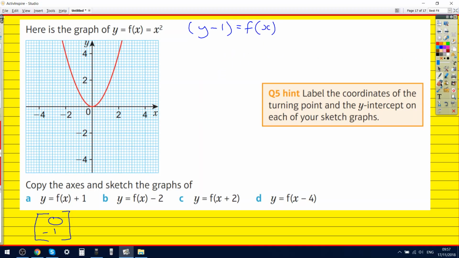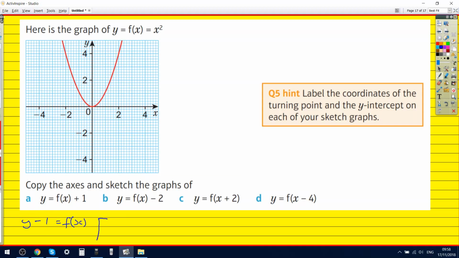So if I was to bring the 1 to the other side next to the y, what do you get for the first one? Minus 1. So what's the full thing? y minus 1 equals f of x. Yeah. And so it's always the opposite sign when it's next to it.